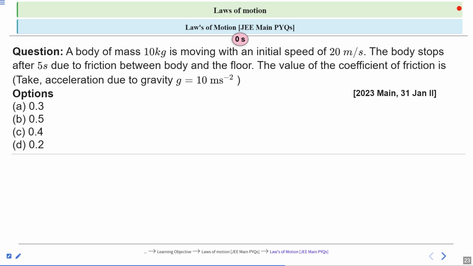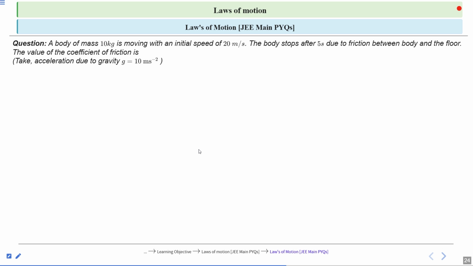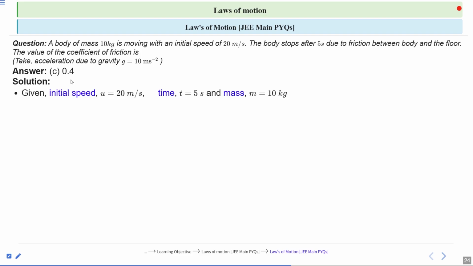Let's see the solution of this question. The correct option is 0.4. C option is correct. Solution. Given initial speed u is equal to 20 meter per second, time 5 seconds, and mass m equal to 10 kg.